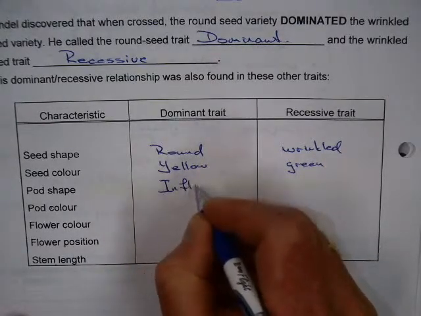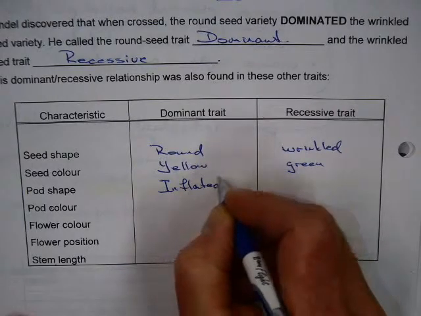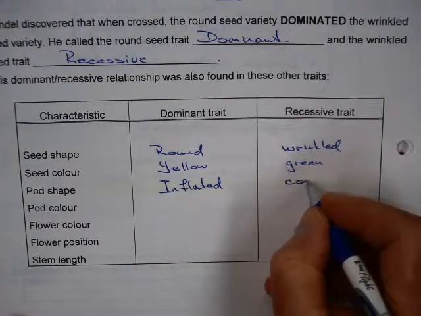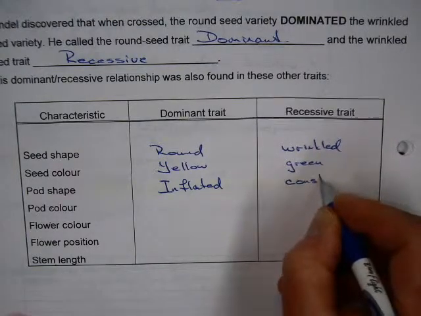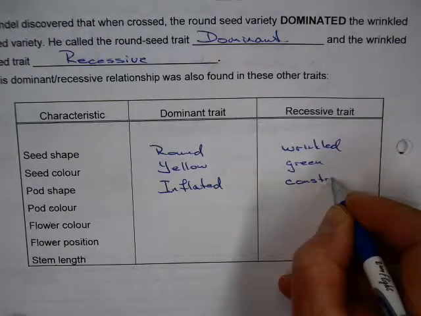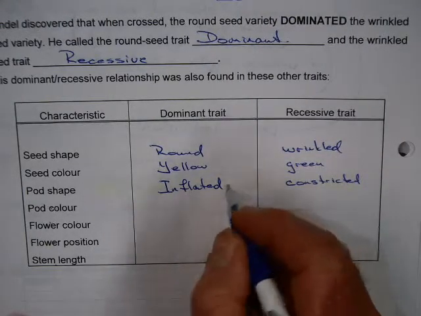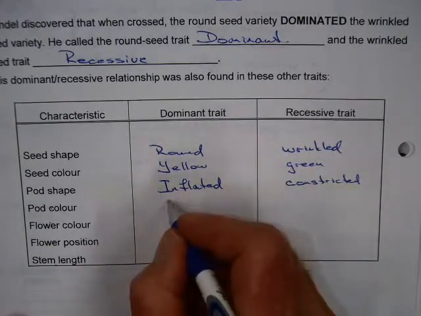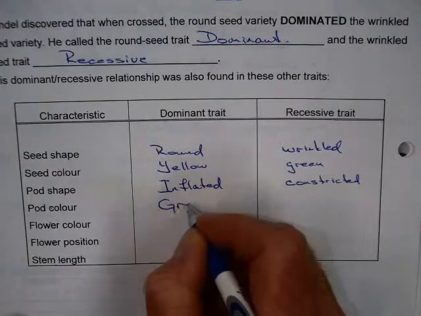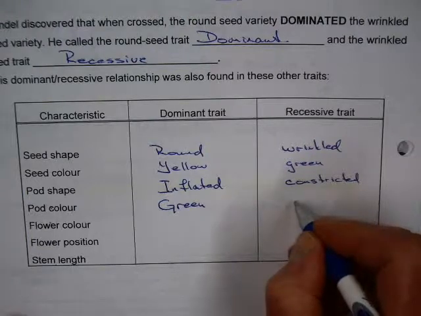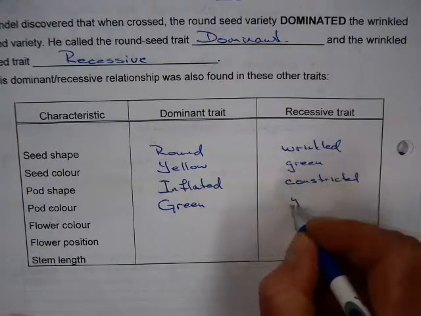Those are my favorite. At least you get something out of them. Whereas the recessive was constricted, skinny and shrunk. The pod color, though, the dominant pod color was green. And the recessive pod color was, what do you think? Yeah, it was yellow.